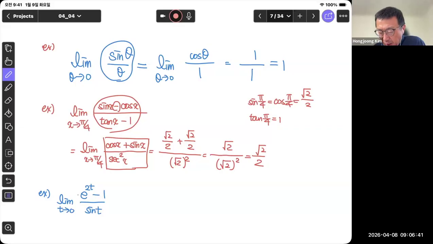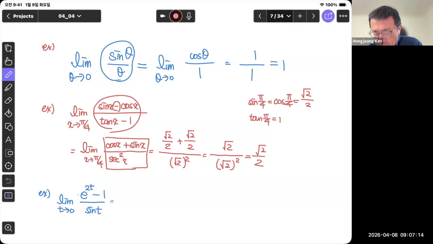As t goes to 0, this exponential function e to the 2t approaches the value 1. So e to the 2t minus 1, the numerator, approaches 0. And in the denominator, sine 0 is also 0. So both the numerator and denominator approach 0, and I can apply L'Hopital's rule.